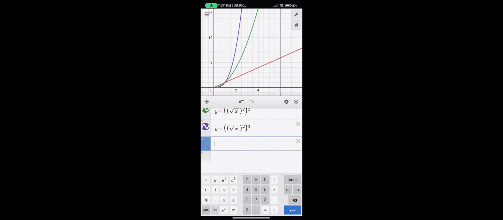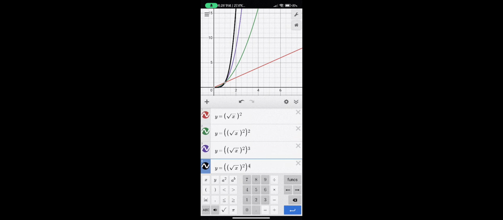So if I try y is equal to, I'm doing this x and all because I just want to analyze the y coordinate, and only the positive axis, that's why I'm doing it like this. Now x square to the power 4. You can see here it is closer to the y axis, it is trying to get inside, correct?